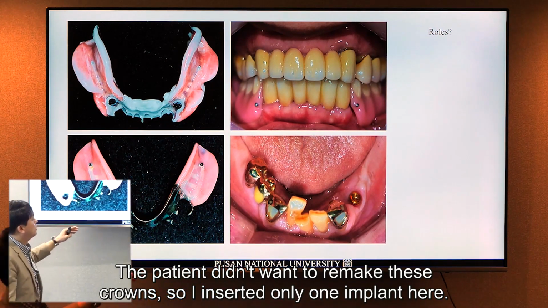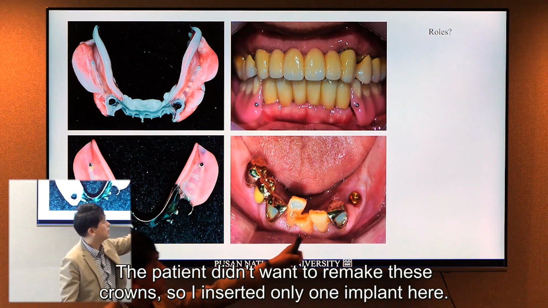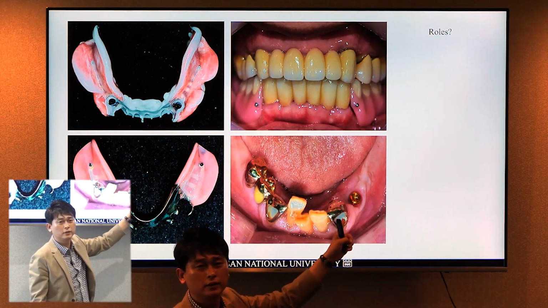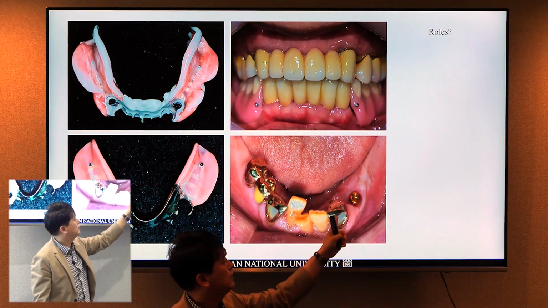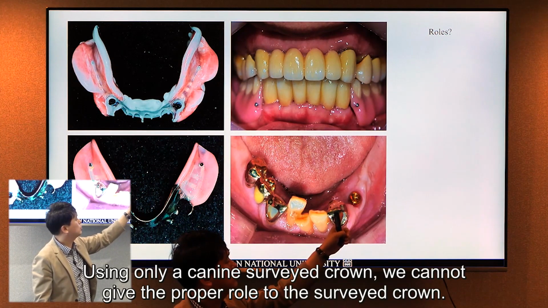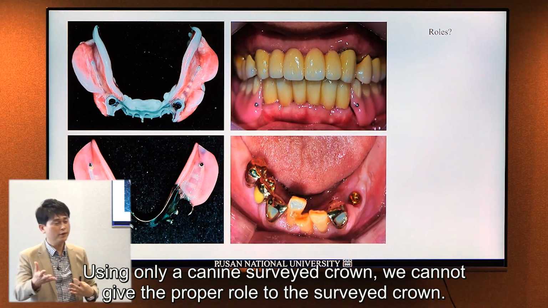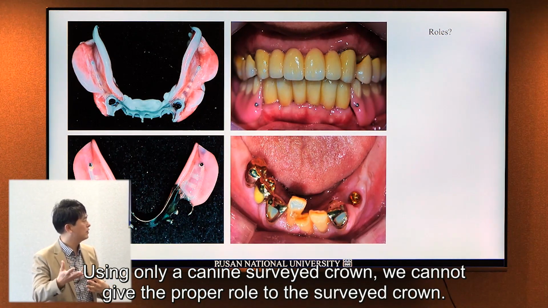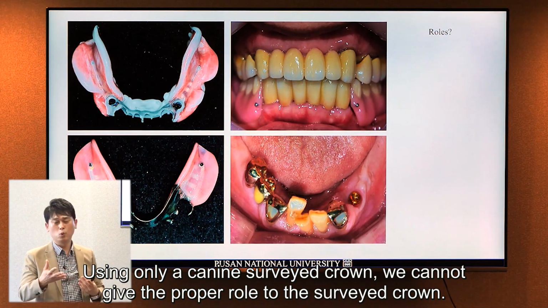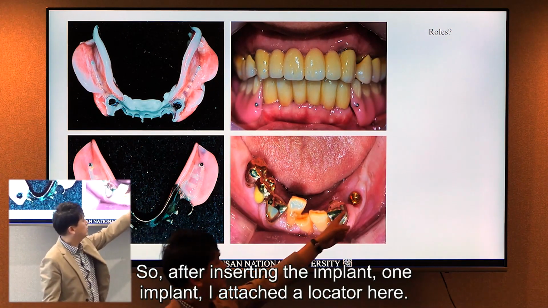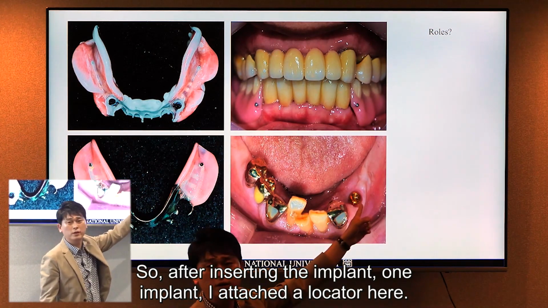So I inserted only one implant here. This is the canine. Using only the canine surveyed crown, I couldn't give proper support to the denture. So after inserting one implant, I attached a locator here.